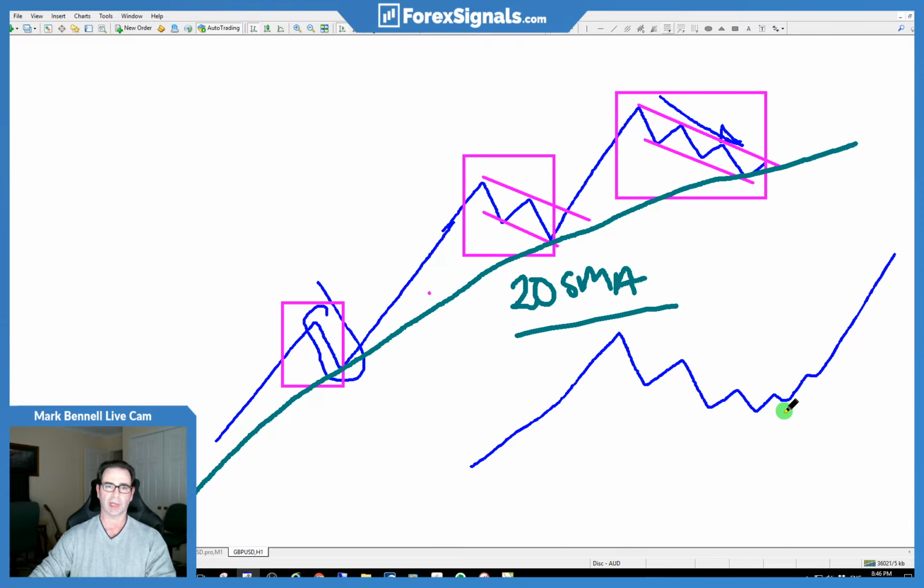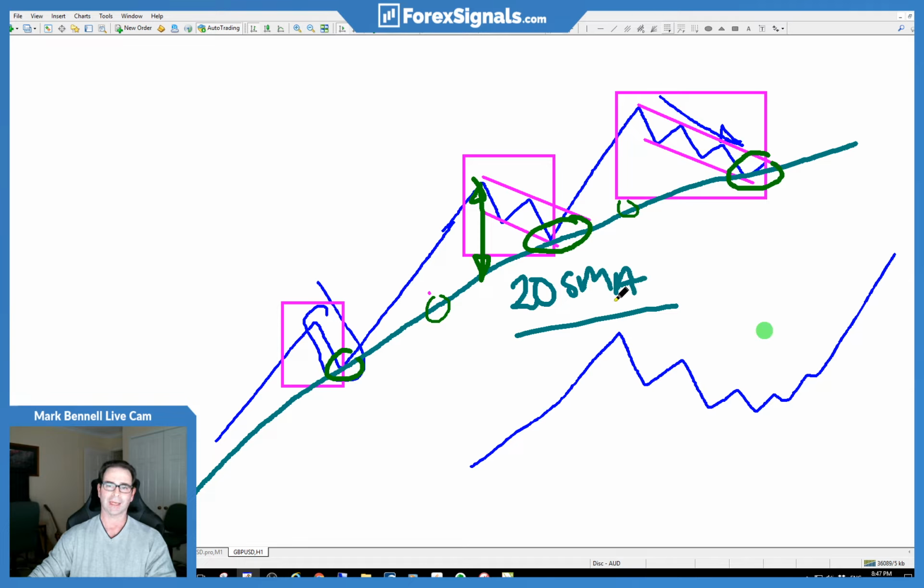There's nothing special about it. So I want to see these pullbacks at or near this 20 period. Why? Because this is like an area of value. So price extends away from it and pulls back into this. So I'm looking for opportunity around every time it comes near this 20 period moving average.